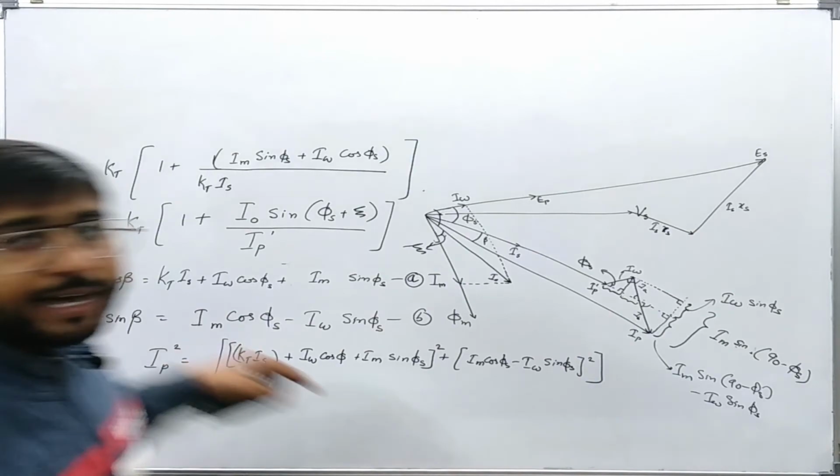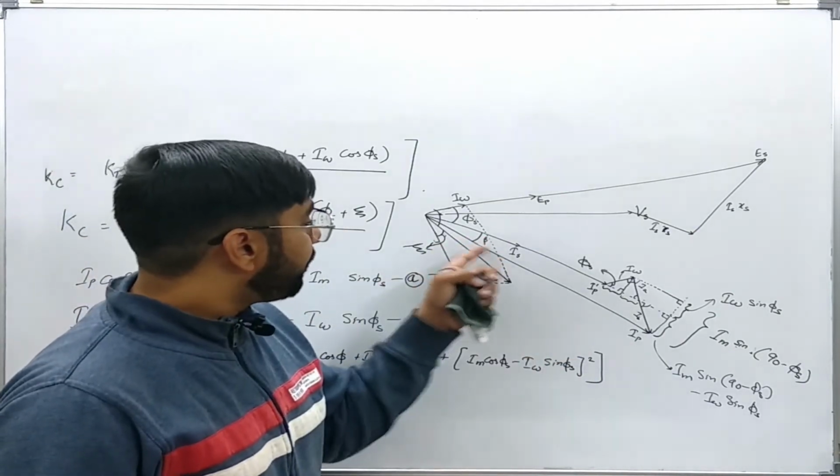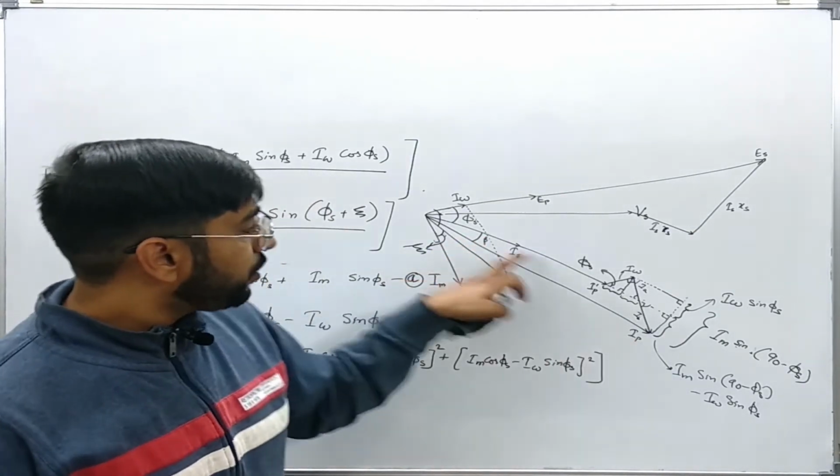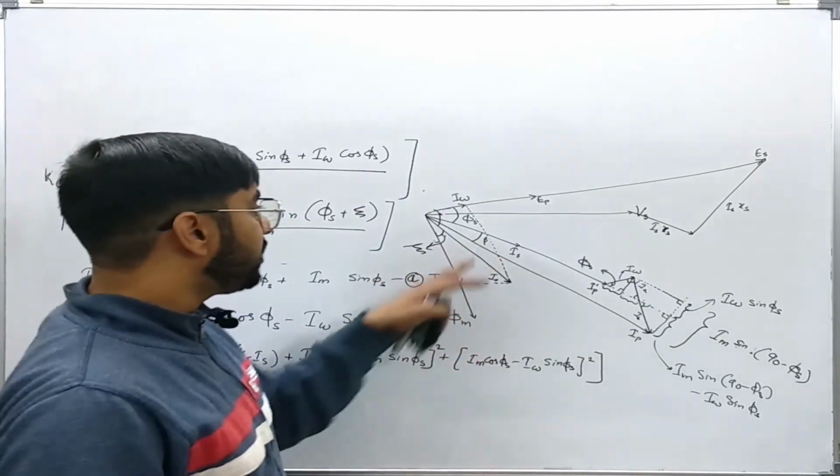Now we will try to find the angle between them, the effective turns ratio and the nominal turns ratio, the angle between them, this beta.